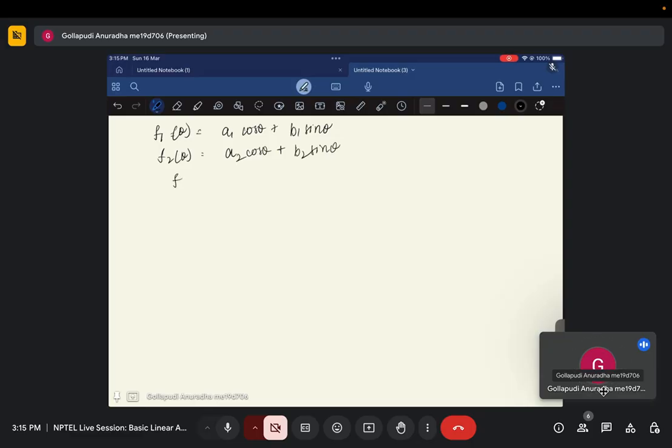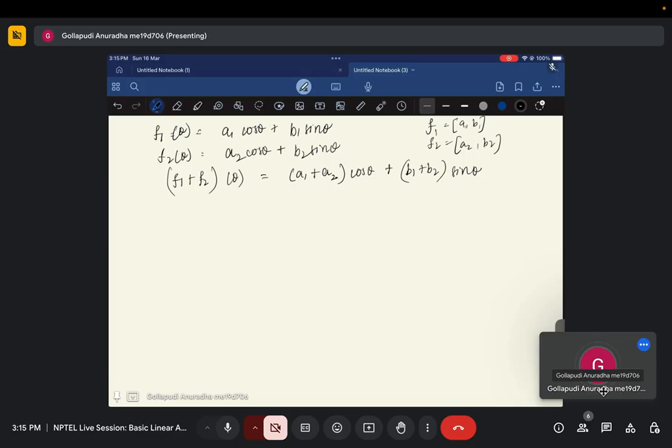So f1 is having a1, b1 and f2 is having a2, b2.